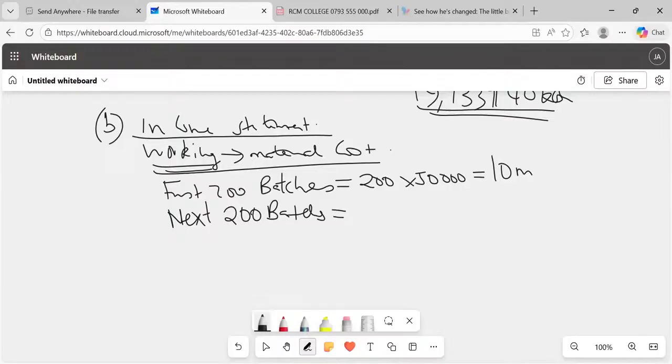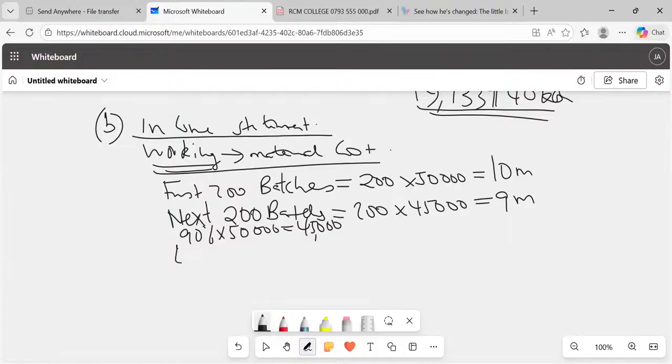They have told us that the next 200 batches are expected to cost 90% of the initial batch cost. The initial batch was costing 50,000. So this will be 90% of 50,000, which will be 45,000 per batch. So this will be 200 times 45,000, which will give us 9 million.